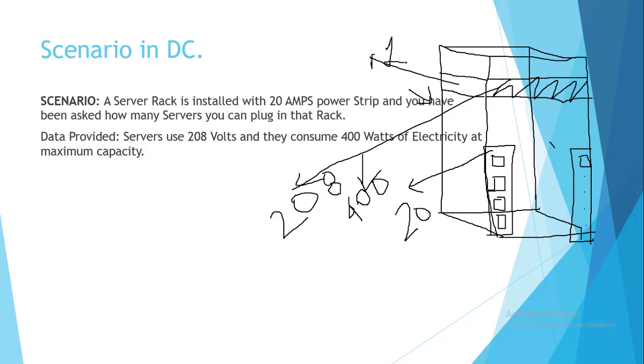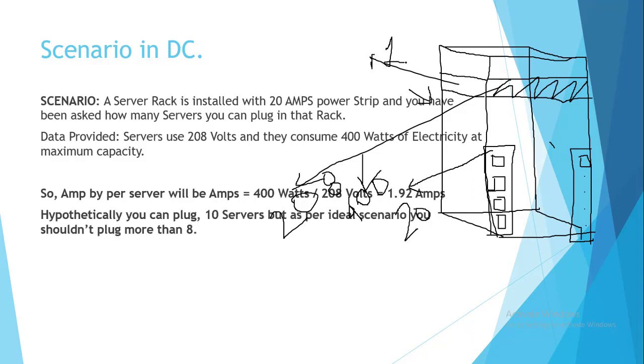First, based on whatever data has been given to you, you can definitely find out how much current that server is consuming. So what is the formula that we saw earlier for power? Just use that formula. Amperes per server will be 400 divided by 208 volts, that comes to 1.92 amperes.